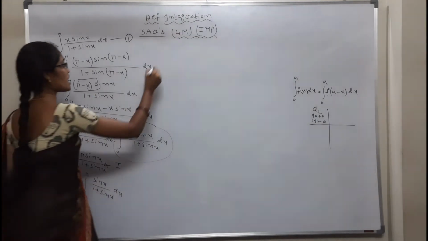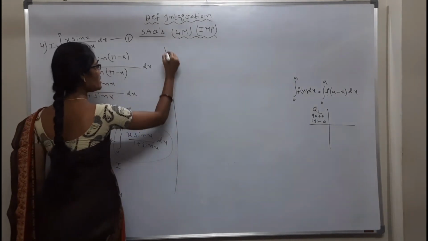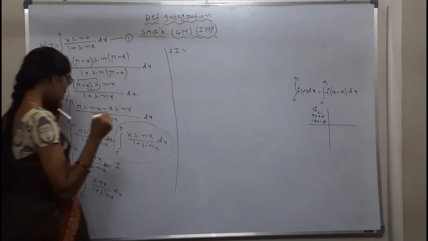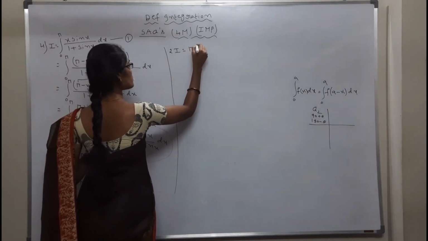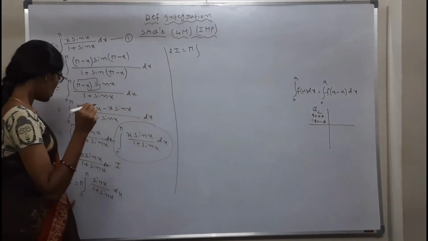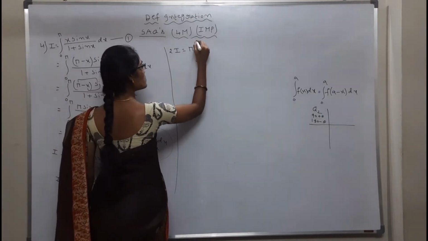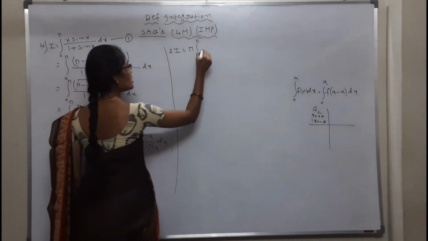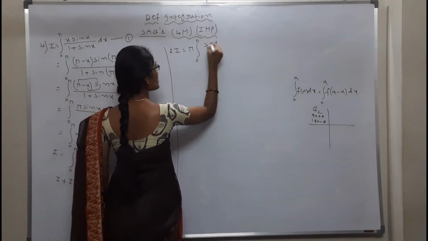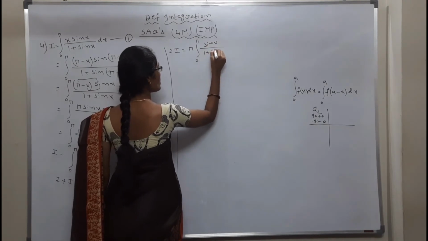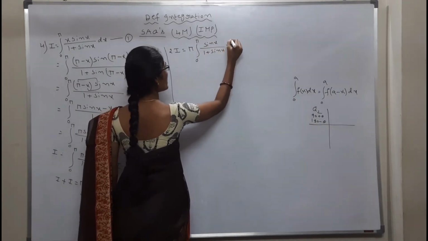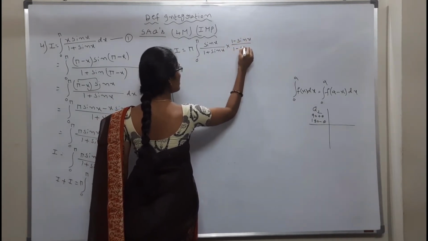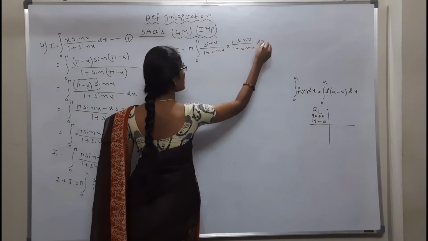I plus I, 2I is equal to constant pi into integral 0 to pi. Here, solving by rationalizing with the denominator, 1 plus sin x into 1 minus sin x by 1 minus sin x dx.